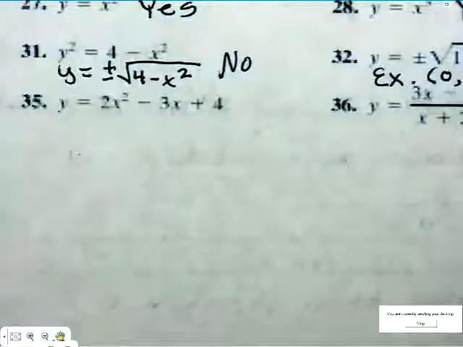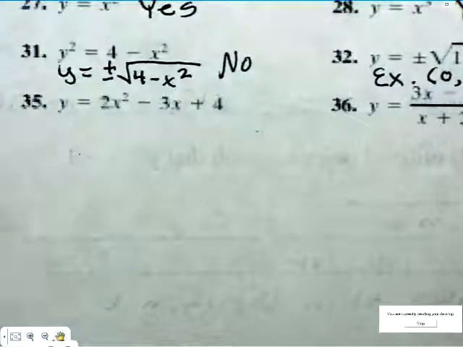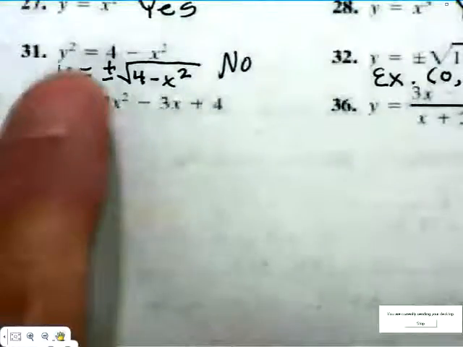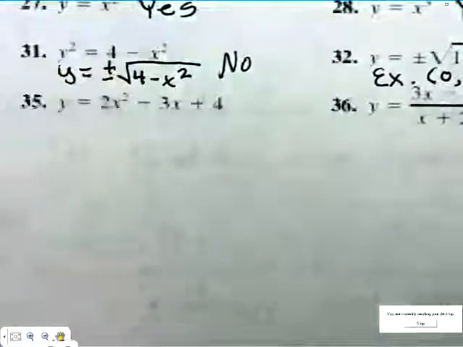Do you see one thing in number 31 that could automatically tell you, hey, anything with that's not going to be a function? Anything with plus or minus, or anything with y squared, because anytime you solve for y, you'd have the plus or minus.